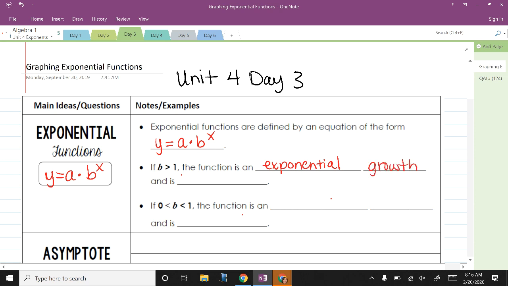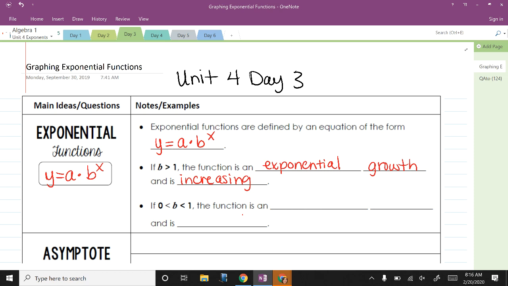And the graph will be increasing. Increasing means going up, right? If something is increasing, it is going up. So if the base is bigger than 1, then you're going to have an exponential growth.